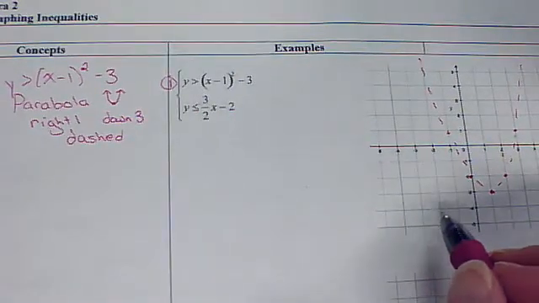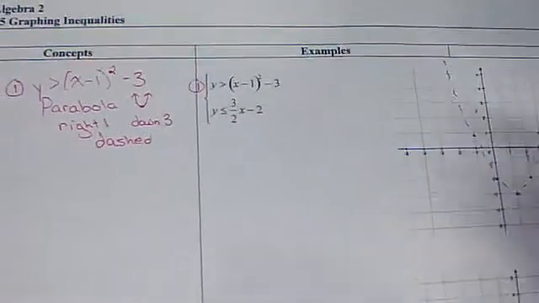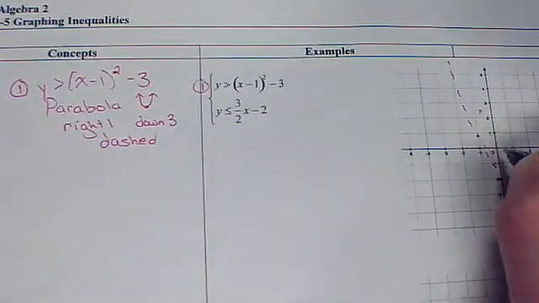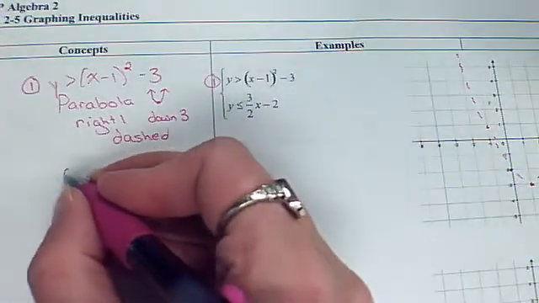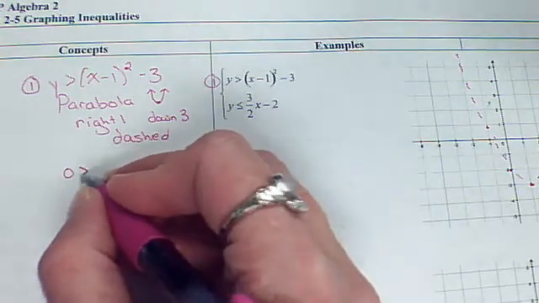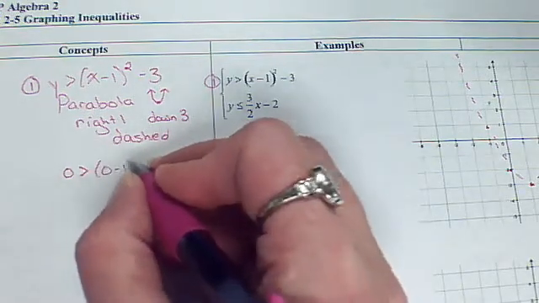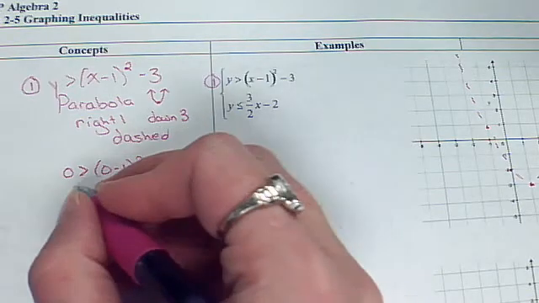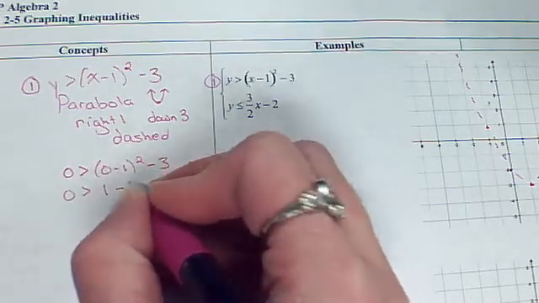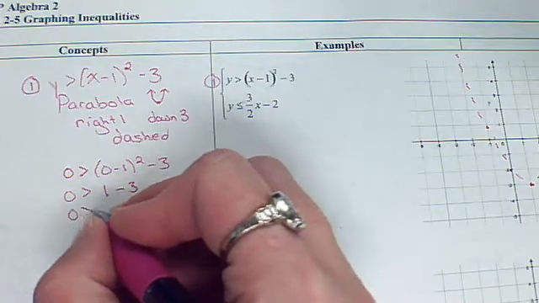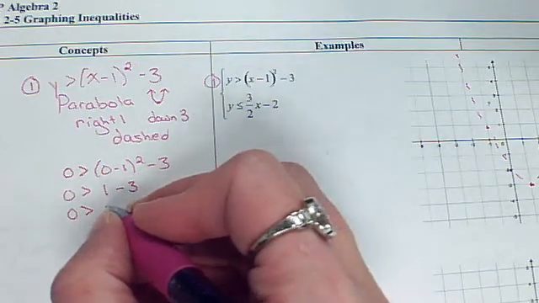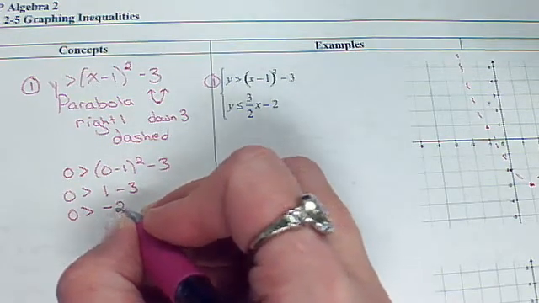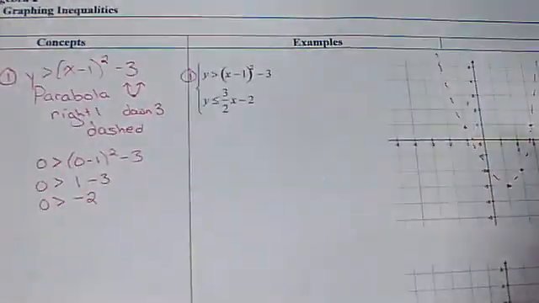Now what about figuring out where to shade? 0, 0 is not included, so let's see what happens. 0 greater than (0 minus 1) squared minus 3. Negative 1 squared is going to give me a 1. 1 minus 3 is going to give me a negative 2. Is 0 greater than negative 2? Yes.